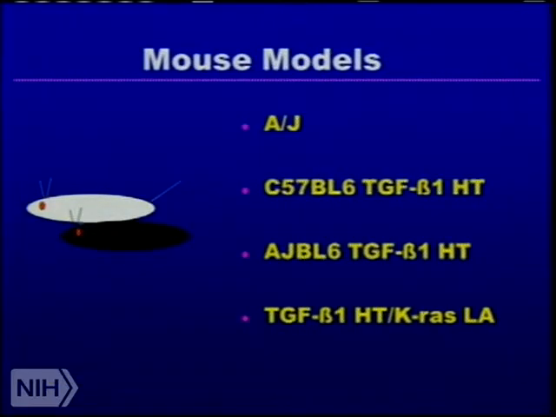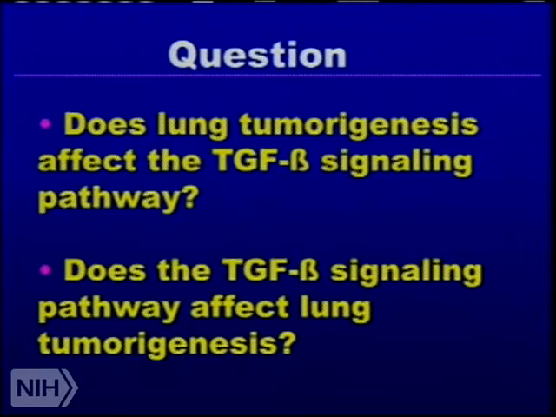For our work, we employed 4 mouse models: the A/J mouse, the C57 Black 6 TGF-beta1 heterozygous mouse, which I'll refer to as HET for simplicity, the A/J Black 6 TGF-beta1 HET mouse, and the TGF-beta1 HET KRAS latent activatable mouse. We asked 2 questions. Does lung tumorigenesis affect the TGF-beta signaling pathway? And the reciprocal question, does the TGF-beta signaling pathway affect lung tumorigenesis?